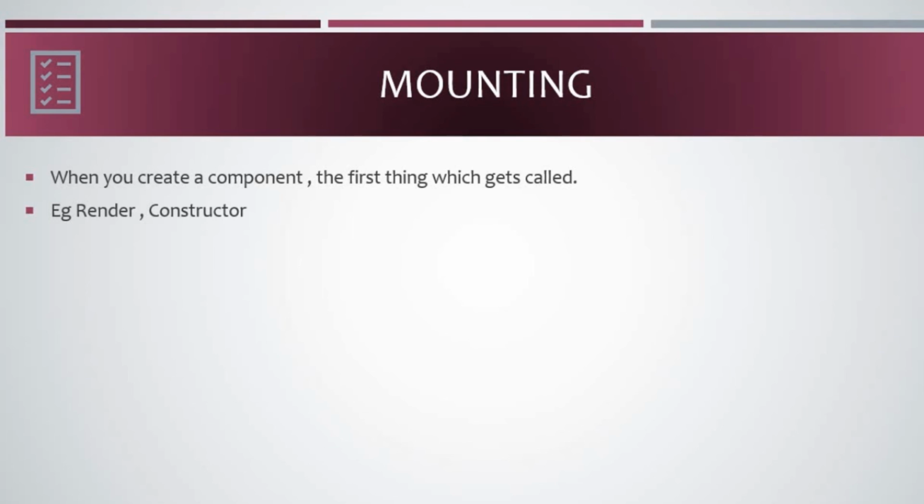And this render method is the only required method. There might be a scenario where you will have a class component but the constructor won't be present. Those kinds of scenarios we have seen, but we have never seen any scenario without a render method. If we are having a class component, it is mandatory that the component will have a render method.